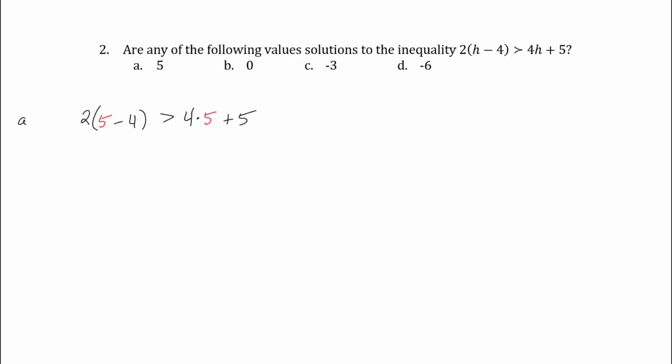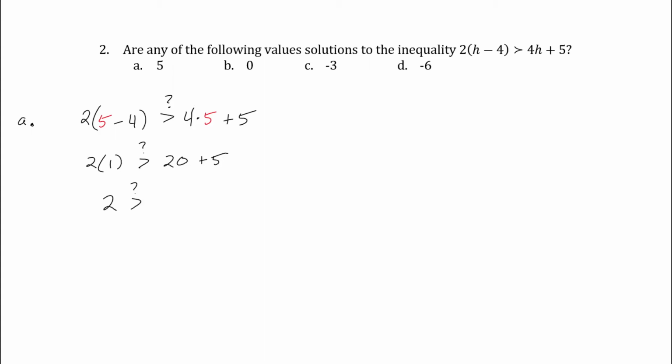Let's do this. I'm going to label this A here. And so I'll have on the left side 2 times 1, and we're asking, is that greater? Then 4 times 5 is 20 plus 5. So we've got 2.